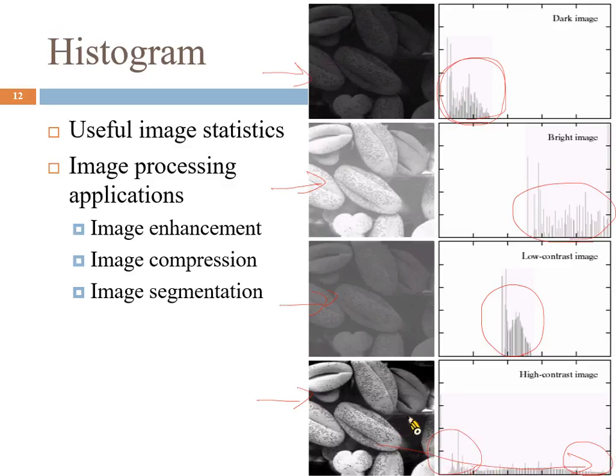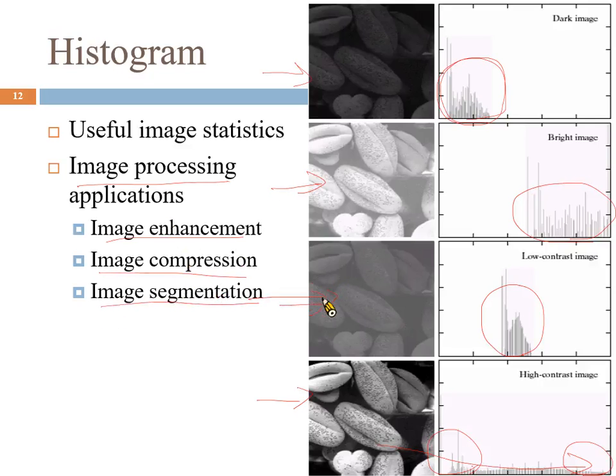So according to the histogram, we can expect the visual effect or the statistical characteristics of different images. This is why we can utilize the histogram to do image processing, like image enhancement, image compression, and image segmentation.